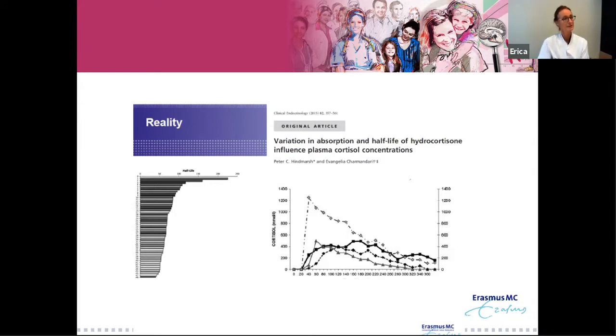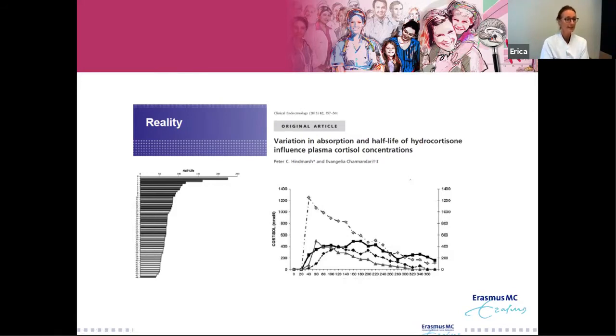And I personally very much like this study, for example, which showed very beautifully the immense difference between people in the half-life of, in this case, hydrocortisone, which can be measured in their blood after taking a dose.